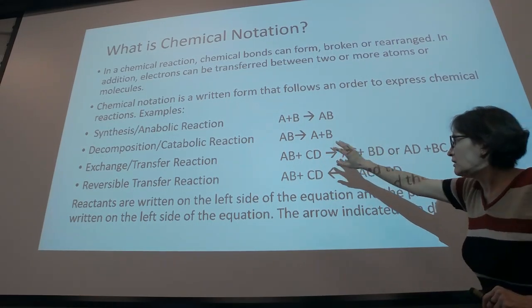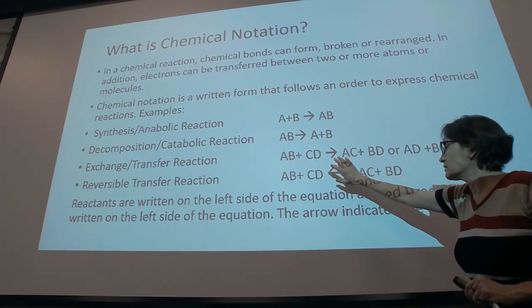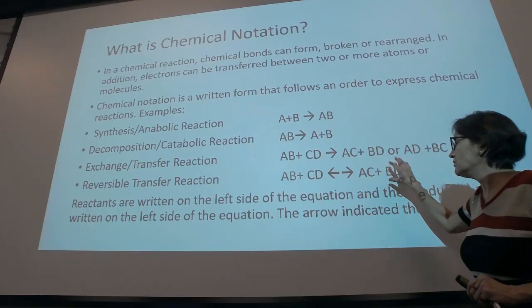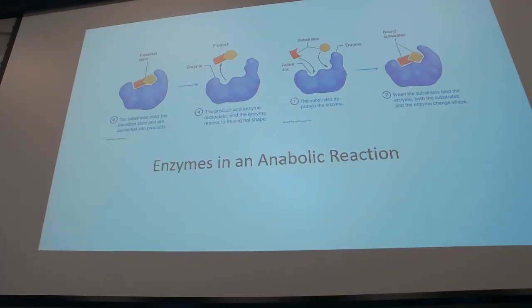These can be reactants that give you these products, or these can be the products and the reactants give you these products. So in anabolic reactions, you take monomers.